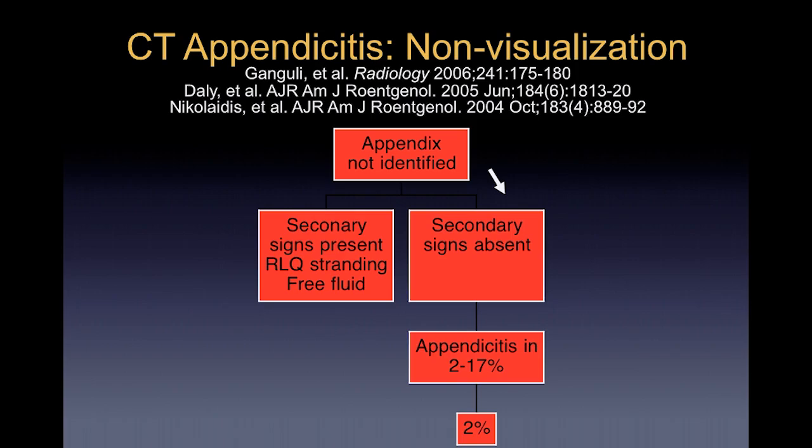But there have been a lot of papers in subsequent years that have all shown exactly the same thing, that if you cannot see the appendix, but there's absolutely no evidence of appendicitis secondarily, meaning no inflammation, no free fluid, no localized ileus, nothing to suggest inflammation is going on in the right lower quadrant, the likelihood of appendicitis is about 2%. And I know that our internal statistics at our institution are similar.